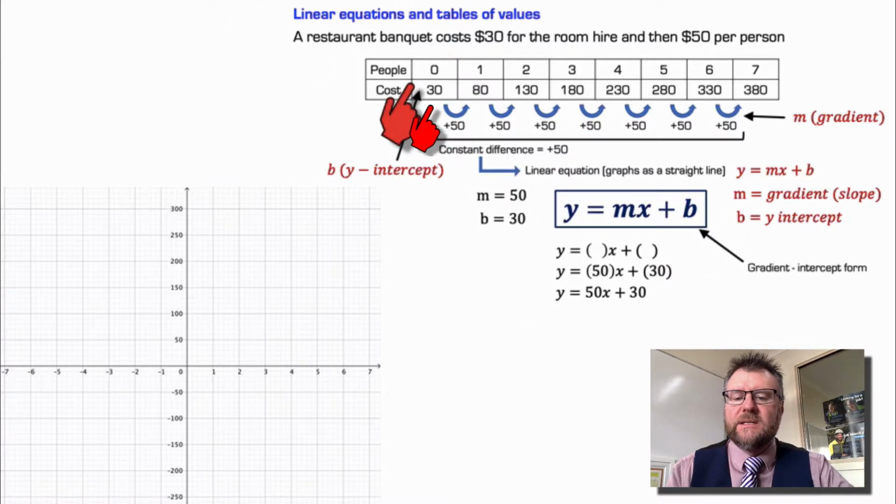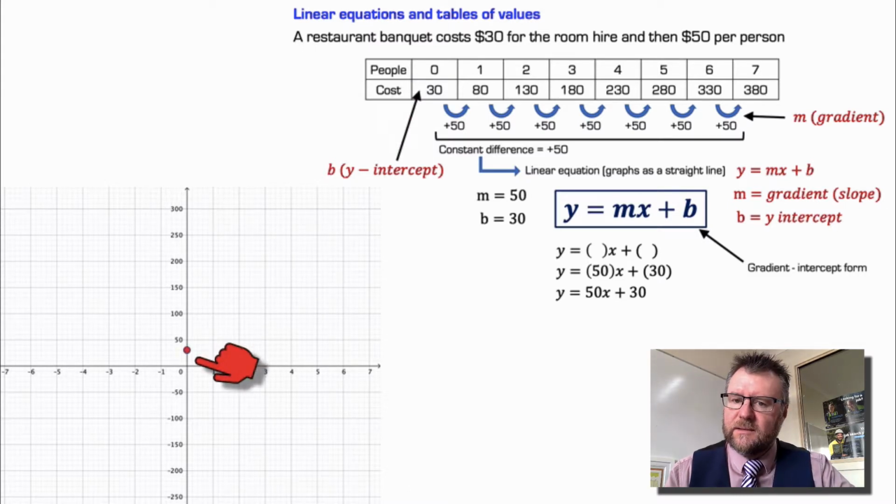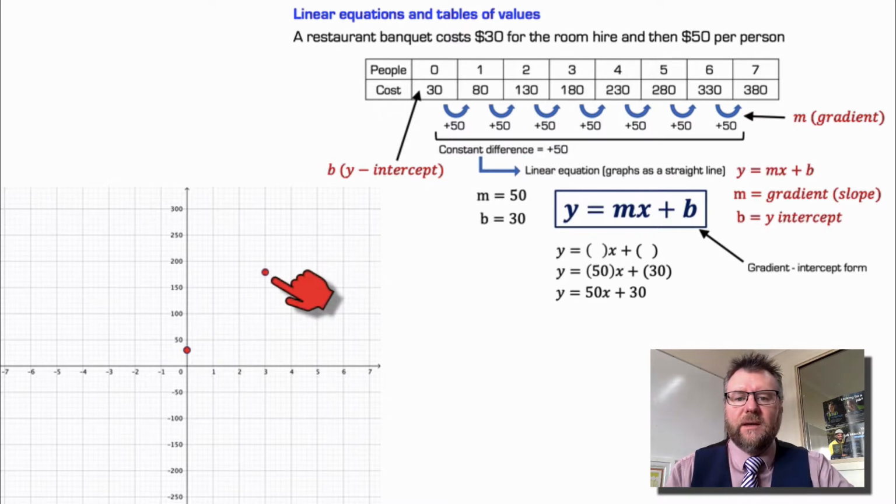So let's take the point 0, 30 and graph it. Okay, it will graph down here on my Cartesian plane. Let's take another point, the point 3, 180. It would graph here. Now, I only need 2 points to draw a straight line because I can draw a line that goes right through them.